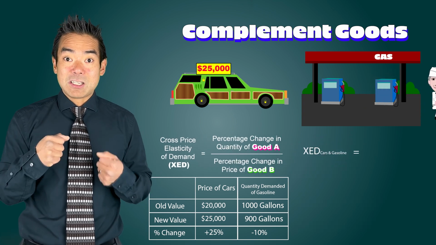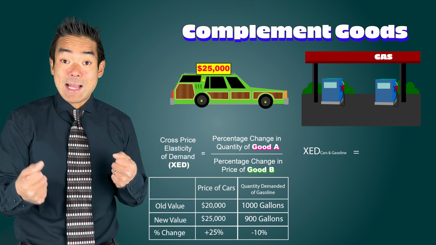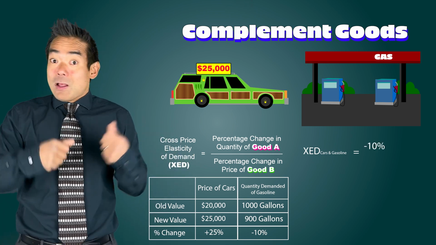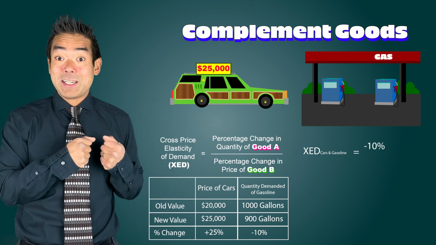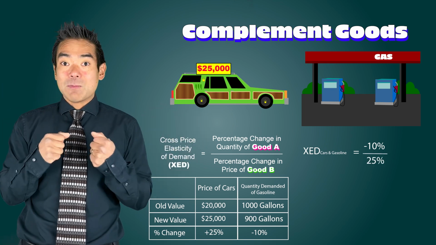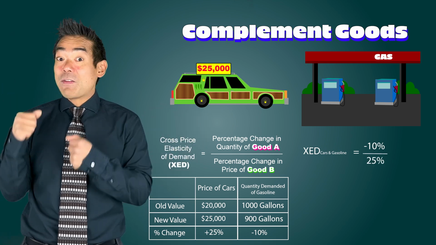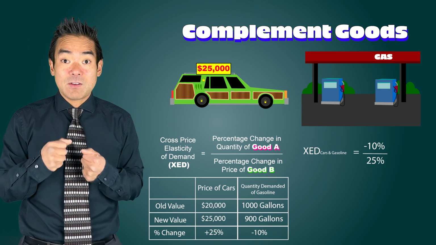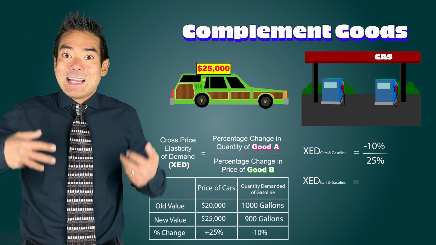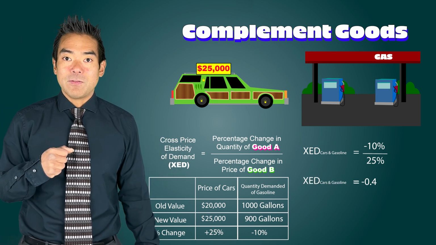The cross-price elasticity of demand coefficient would then be calculated as negative 10%, the 10% decrease in quantity demanded of gasoline, divided by 25%, the 25% increase in the price of cars, which equals negative 0.4.